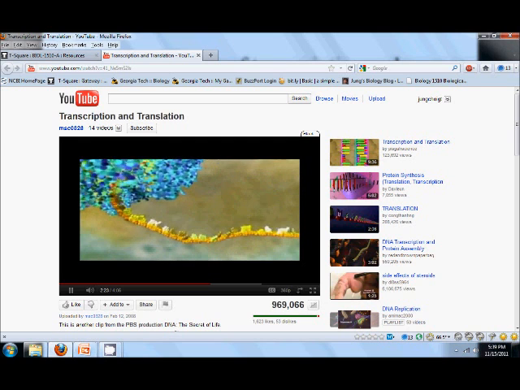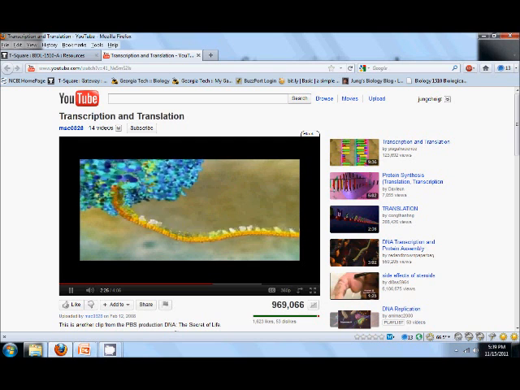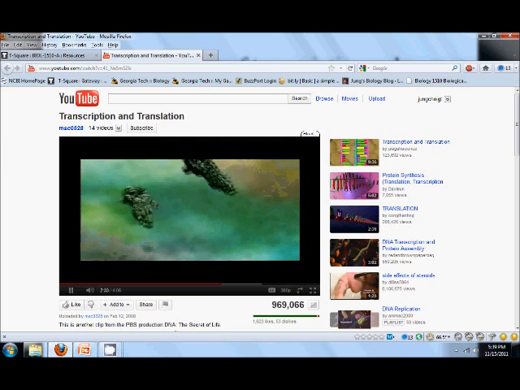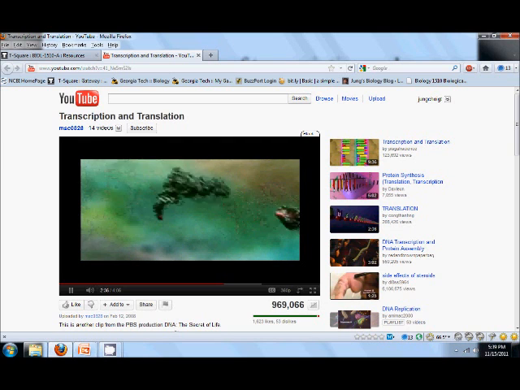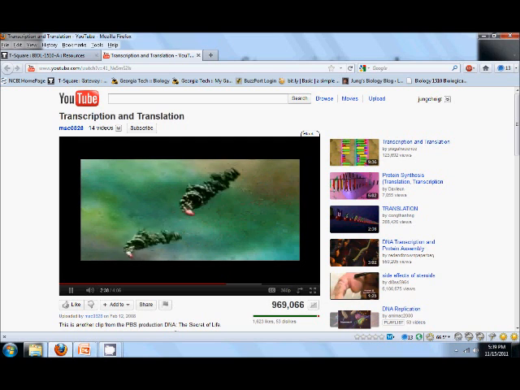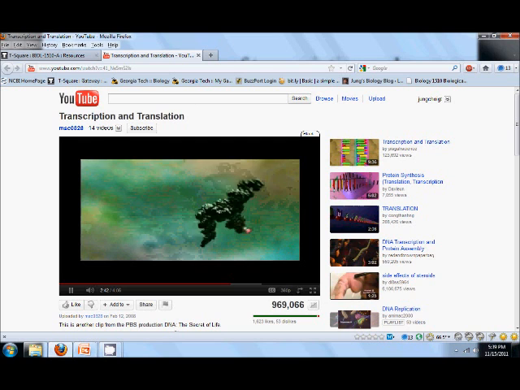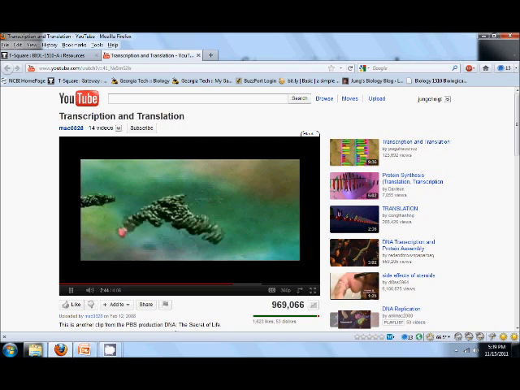It translates the genetic information in the RNA into a string of amino acids that will become a protein. You can see the aminoacyl tRNAs entering the ribosome. The green triangles bring each amino acid to the ribosome. The amino acids are the small red tips attached to the transfer molecules.